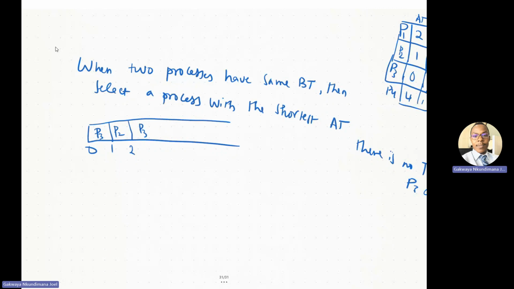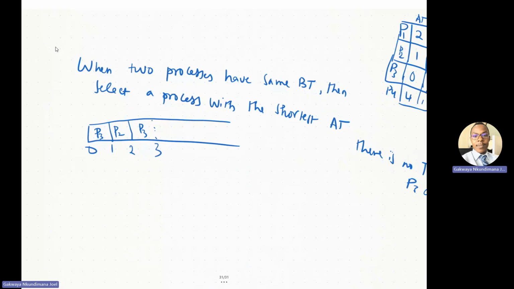At time 3, when P3 continues, remember, P3 has to complete. So at time 3, P3 is finished.